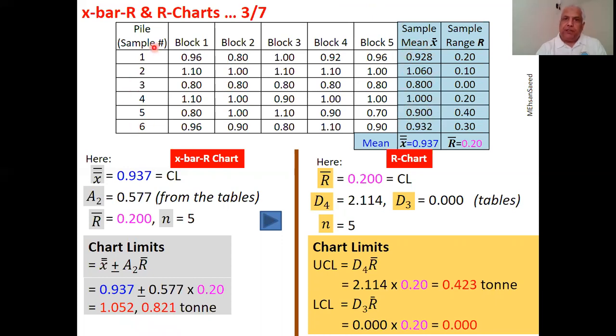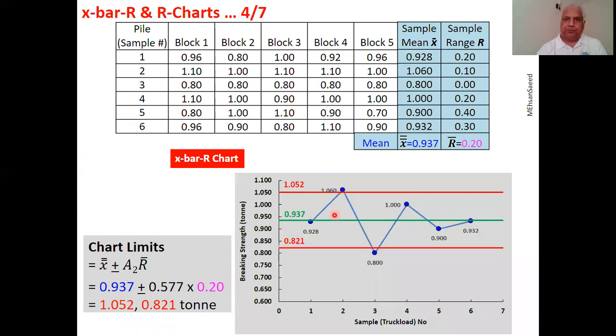We will not be plotting these, but these figures here, which are the sample means, or the X bars. And for the dispersion chart, we will be plotting these figures. And as I said earlier, this is the center line for this chart, and this is the center line for this chart. Let's have a look.